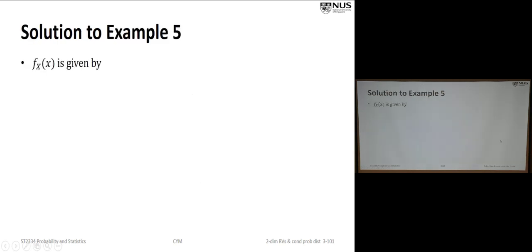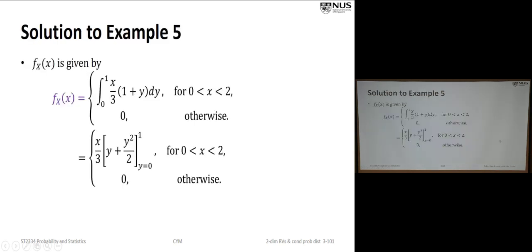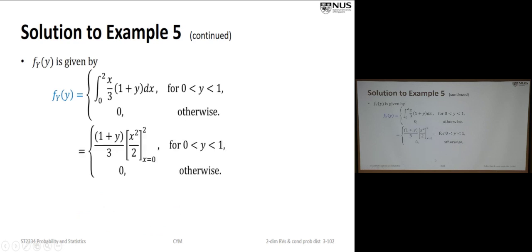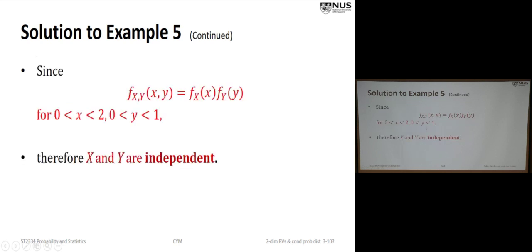In this case, I worked it out and skip the detail, leaving it to you. f of x turned out to be half times x, where x is between 0 and 2. And f of y, after completing the integration, is 2/3 times (1 plus y), when y is between 0 and 1. So therefore, f of xy is equal to f of x times f of y, for x between 0 and 2 and y between 0 and 1. So x and y are independent in this case.